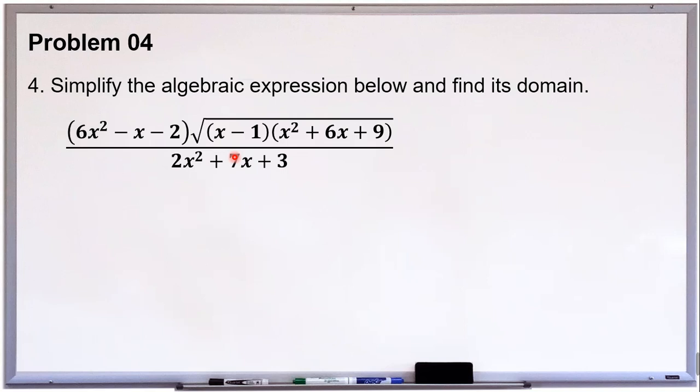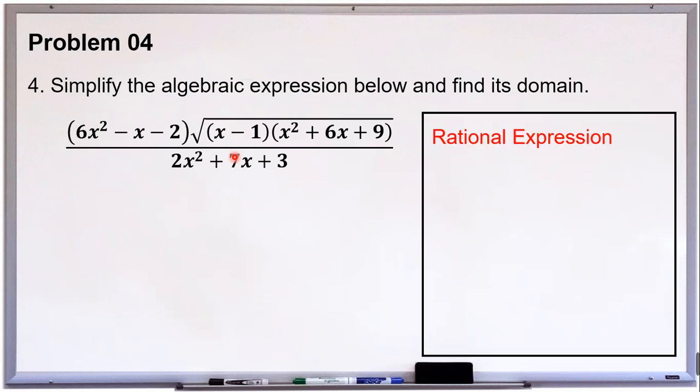It's because there are some restrictions for this one, especially since this expression is a rational expression and we also have a radical expression in the numerator. Now recall, for a rational expression, you have an expression p divided by an expression q.